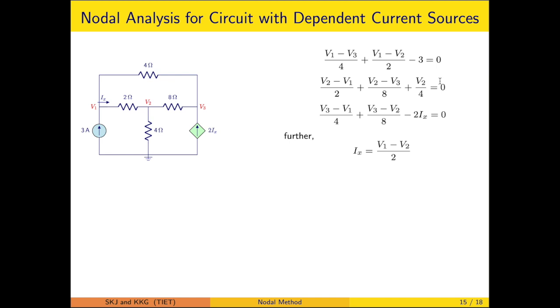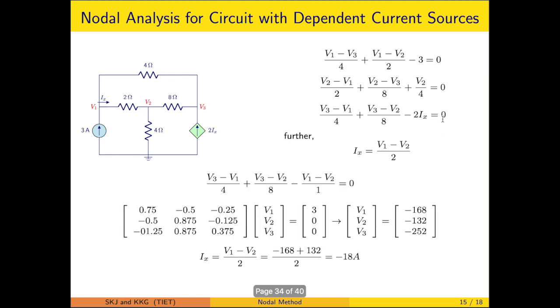Now this Ix, which is equal to V1 minus V2 by 2, has to be substituted in the third equation, and then we will be rearranging it. The point to be noted here is that the G matrix, which earlier happened to be symmetric, is not symmetric here. This symmetry is lost because of this dependent current source.